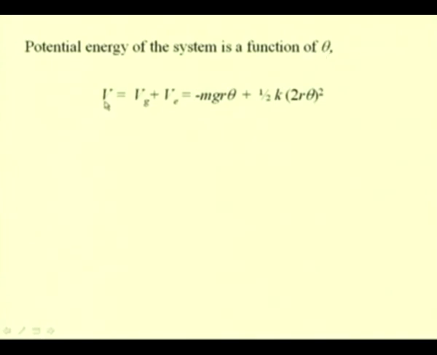We write the potential energy of the system as the potential energy due to the weight, or the gravitational potential energy, plus the elastic potential energy Ve, which is equal to minus mg r theta, because the weight is mg and the displacement that has taken place is r theta in the negative direction.